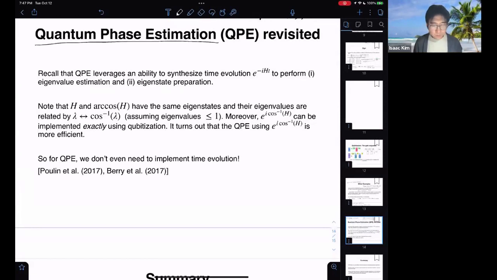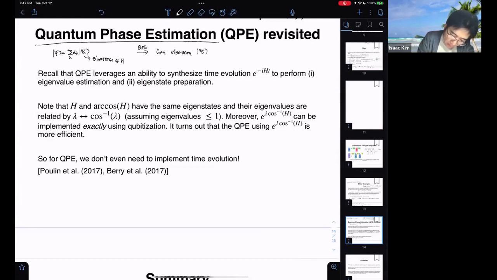If you have infinite precision, and let's say you have a general quantum state, sum of alpha_i psi_i, where these are the eigenstates of H, then you apply quantum phase estimation, and you get eigenstate psi_i with probability alpha_i squared.